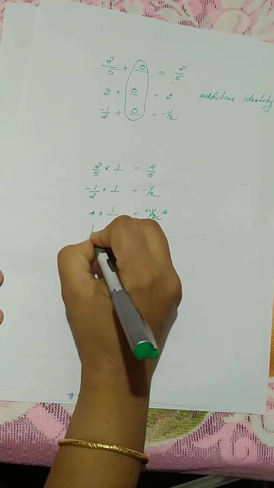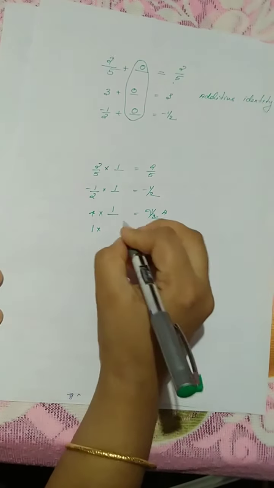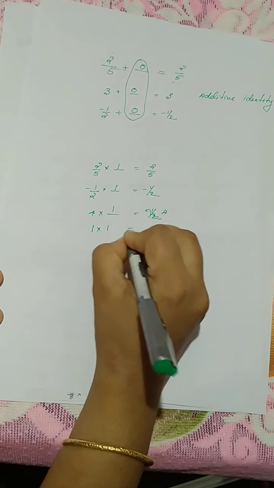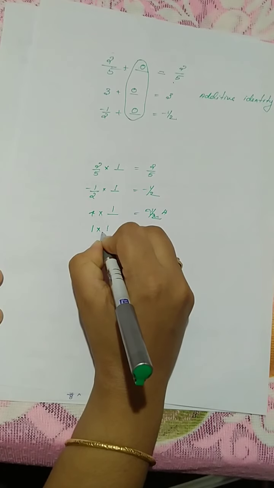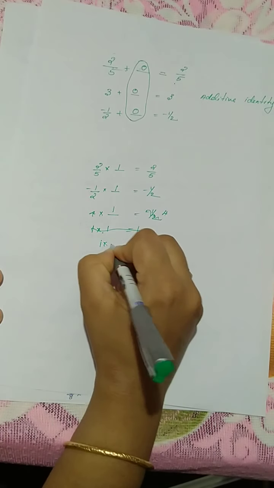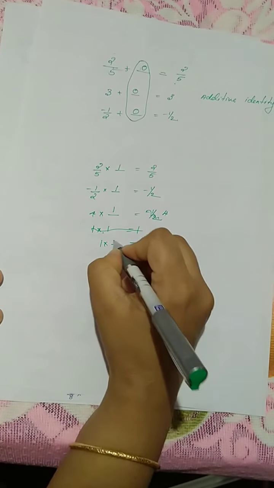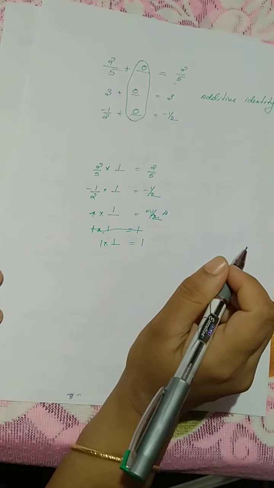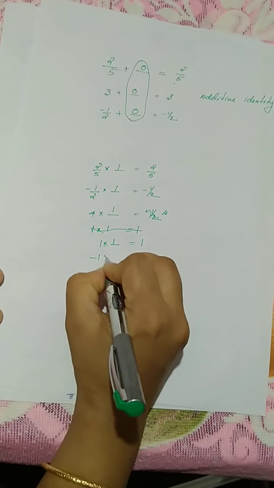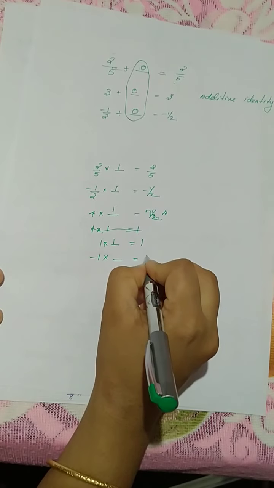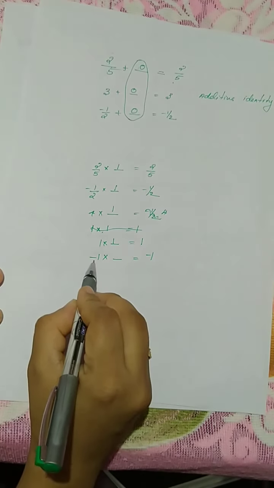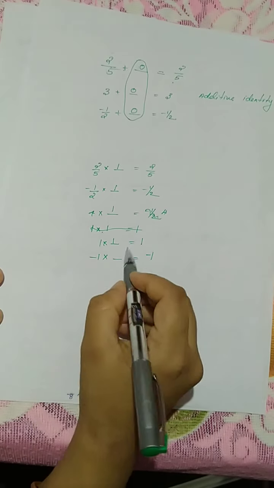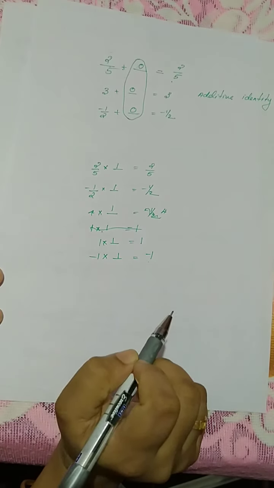Okay. 1 into dash is equal to 1. 1 into 1 is equal to 1. Minus 1 into dash equals minus 1. The number that should be multiplied with minus 1 to get the answer minus 1 is 1.